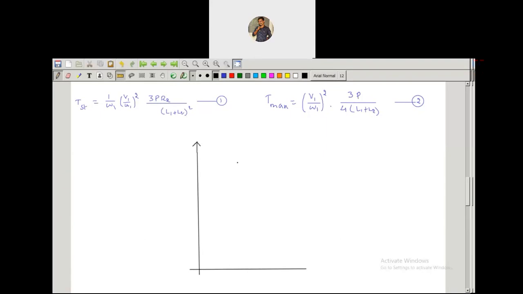According to the parameter you have taken on which axis, we have to draw that. So here, let me take torque on the x-axis, and here speed. Okay, please observe, I am drawing this characteristic now.